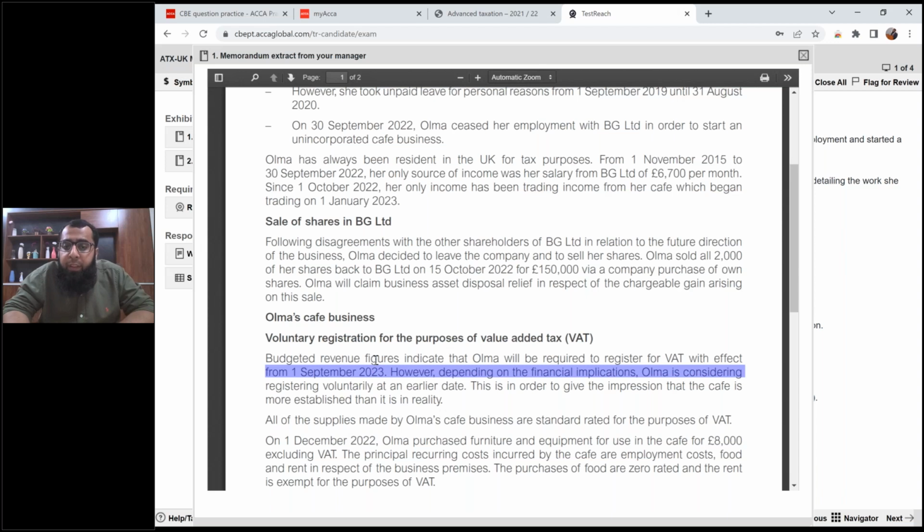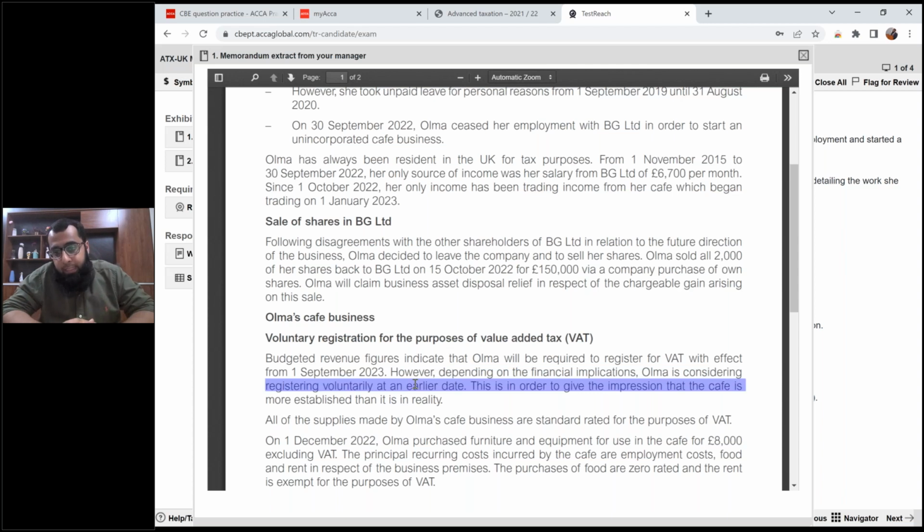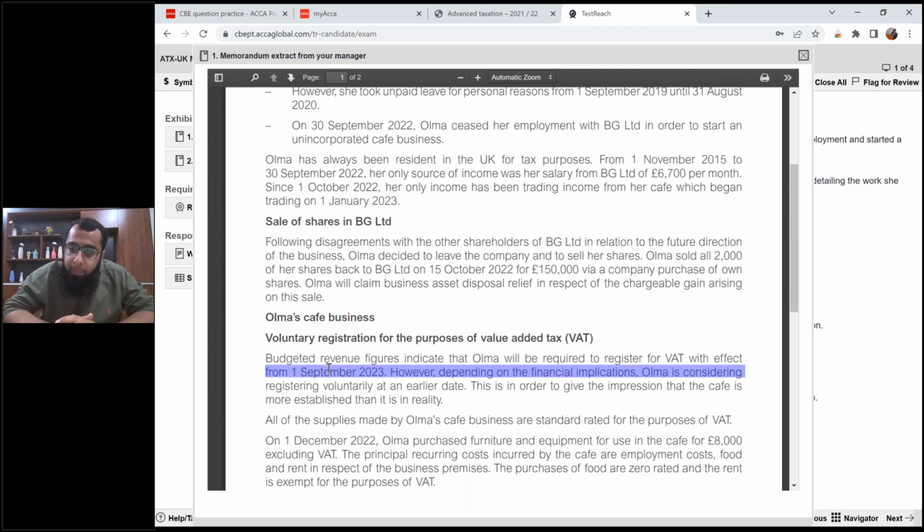Budgeted revenue figures indicate that Alma will be required to register for VAT with effect from 1st September 23. However, depending on the financial implications, Alma is considering registering voluntarily at an earlier date.